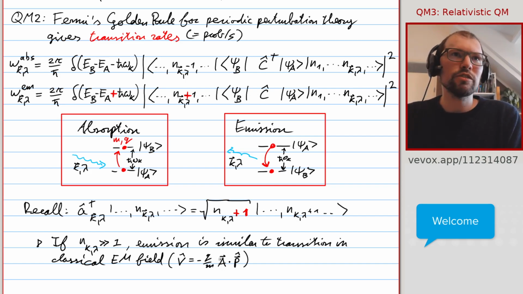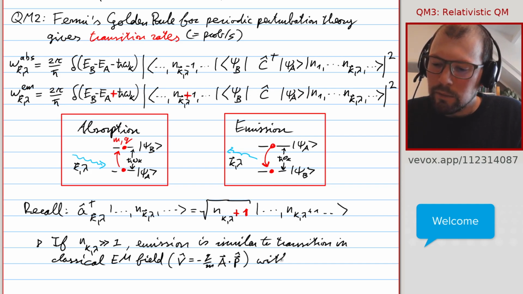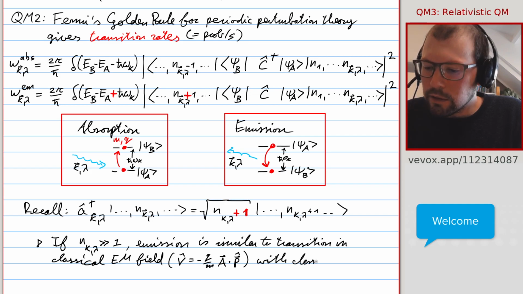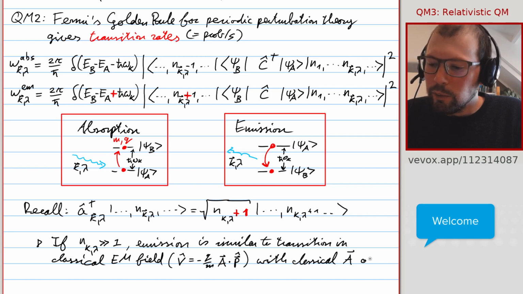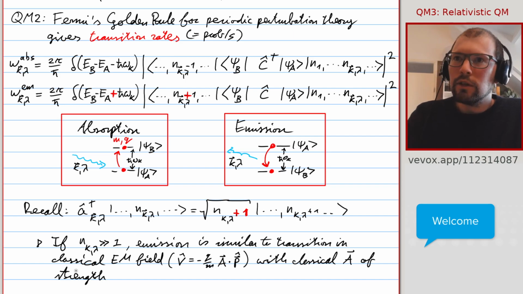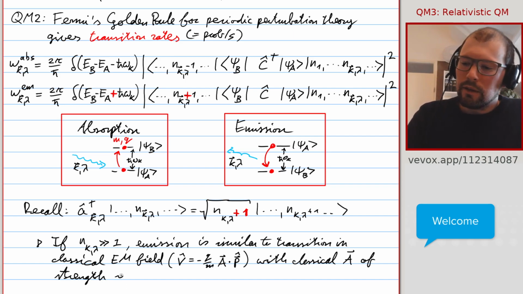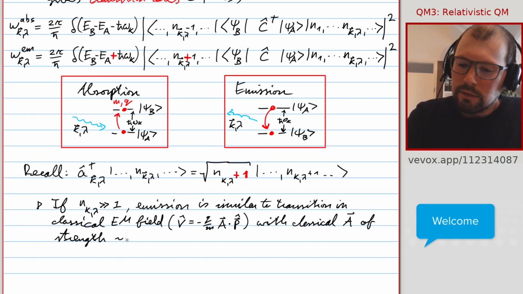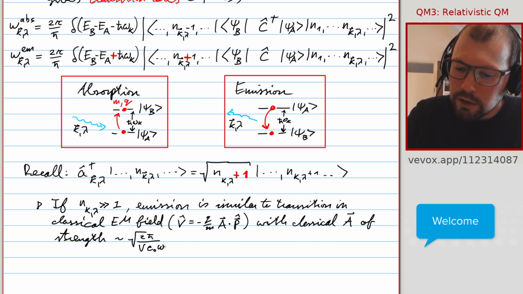This would just be a fixed quantity, with the classical vector potential being of strength proportional to the square root of n, and then there is the dimensionful prefactor square root of 2ħ/(V ε0 ω_k) times the square root of n_kλ.